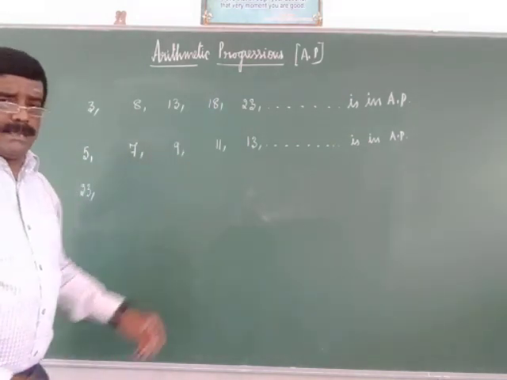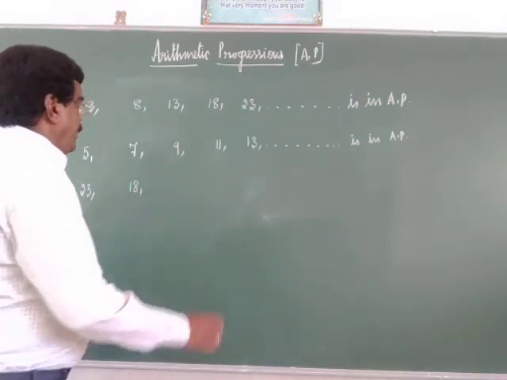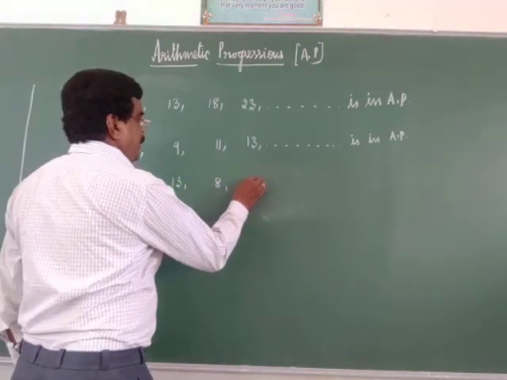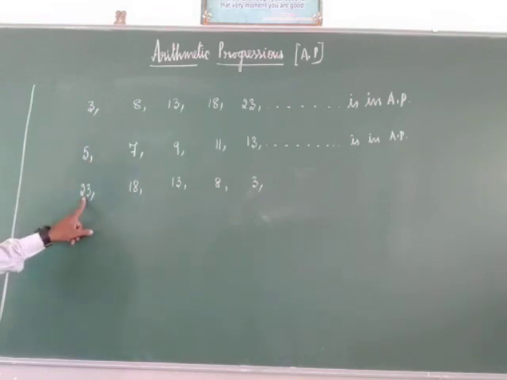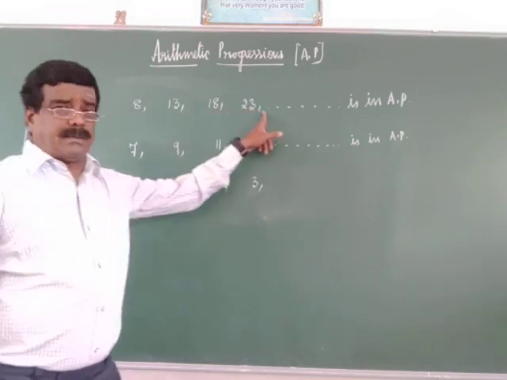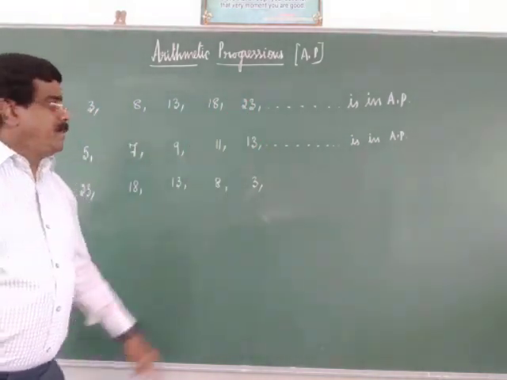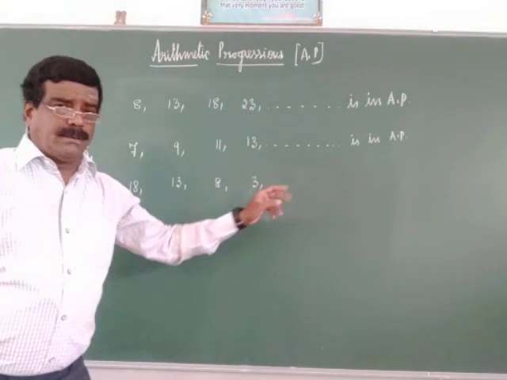Okay, next is 18. After 18, 13. Then 8. Then 3. See children, this third example is taken from the reverse of the first example. It means here 3, 8, 13, 18, 23 is there. Here we have taken the reverse, that is 23, 18, 13, 8, 3 like that.